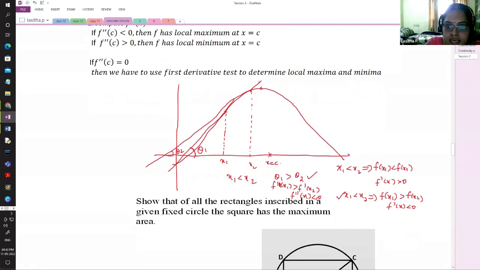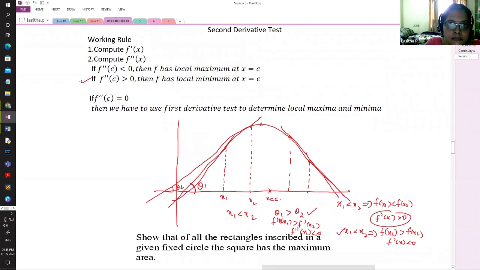In that way, here also, if you take two points and find the tangent slopes, we can see that as it goes from left to right, it is increasing. In that way we can understand, and so the first derivative case comes. This is how it works. When a local maximum occurs, the second derivative will be lesser than 0.